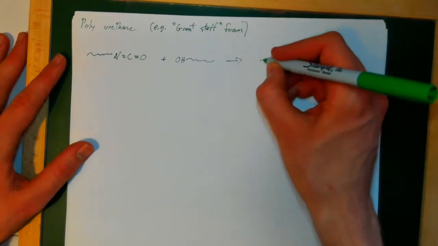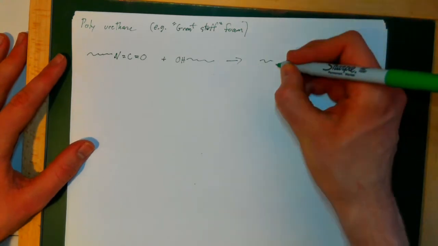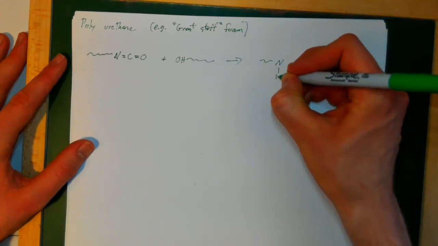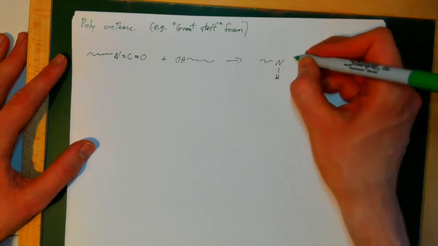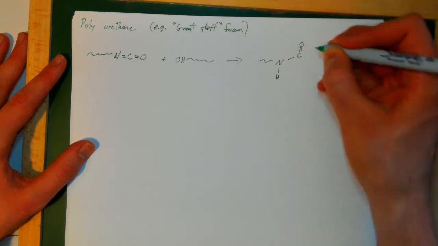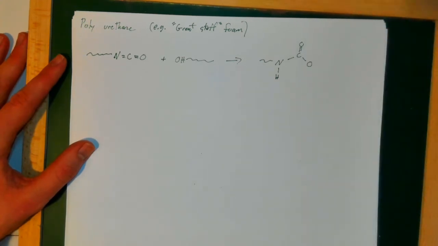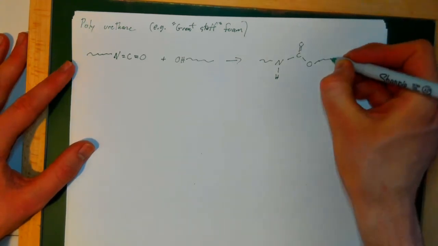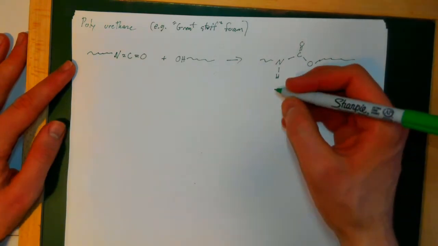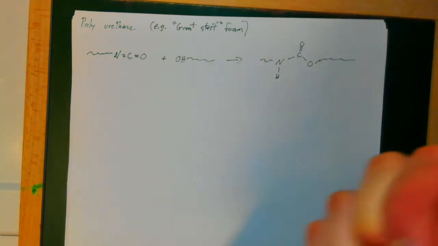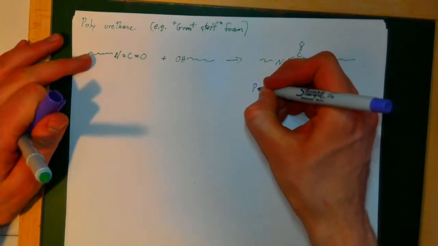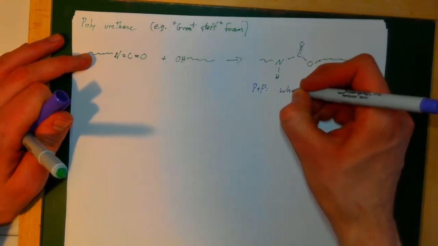Again, it's a little bit wacky, but bear with me. An NH single bonded to a C that has an O like this, single bonded to an O that then sort of goes along like this. So take a moment now, pause and ponder. What byproduct?